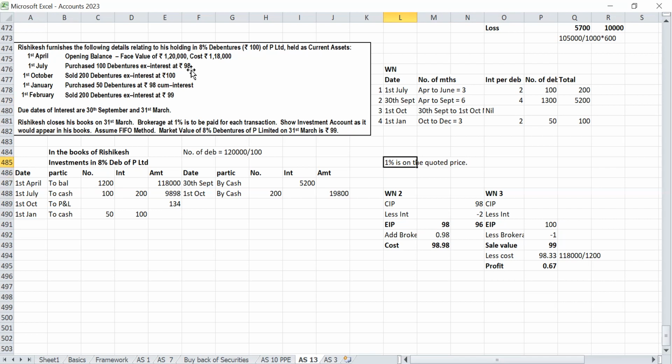If it is 98 then 1% on 98. It is not given as 1% on the sale value or on the ex-interest price, just 1%. So 1% on the quoted value 98. Cost 96.98 into 50.